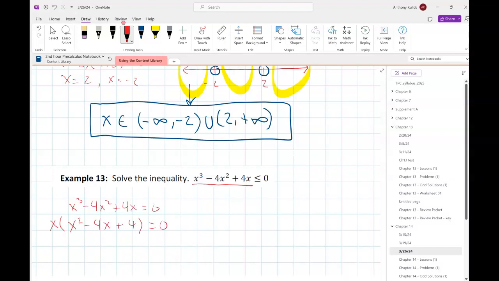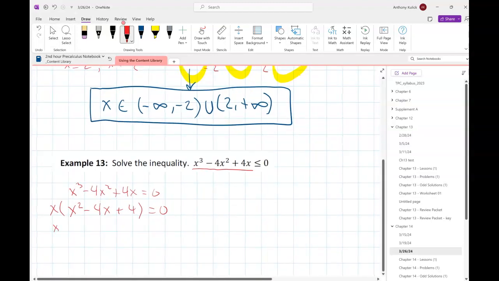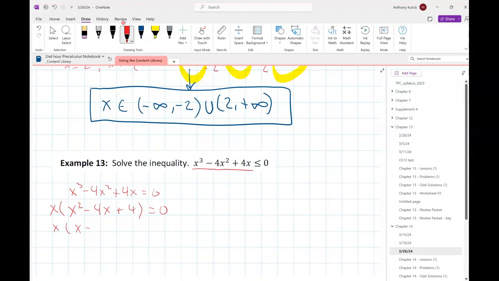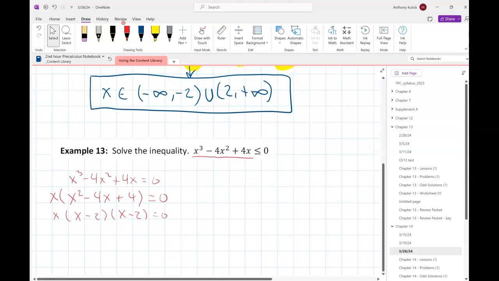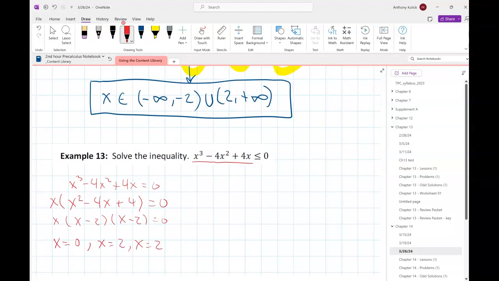And then if I look at x squared minus 4x plus 4, that factors as well, correct? What does that factor to? x minus 2 and x minus 2. So when I solve this, I get 0 and 2 and 2, but I don't really need to write the second 2. Everybody's okay with that?